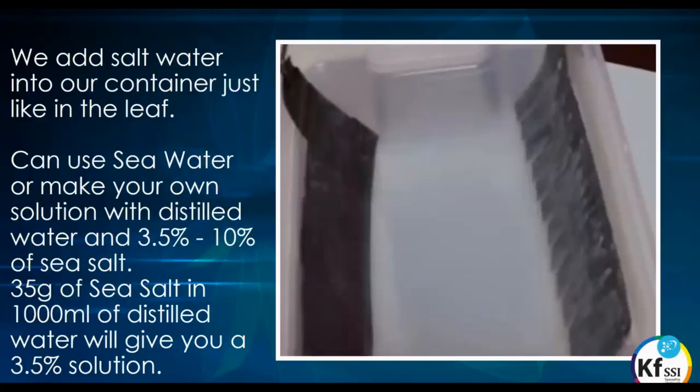And some people have had some success with varying the concentrations of salt in producing their CO2. To get your solution, for example, if you want a 3.5% solution, you just add 35 grams of sea salt to 1,000 milliliters of distilled water, and that will give you your 3.5% solution.